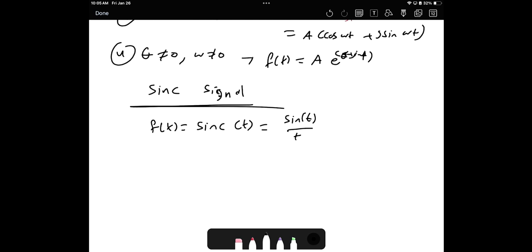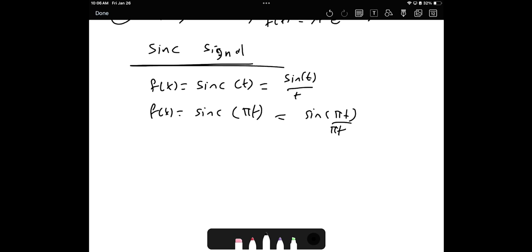So if we plot, I can also, for example, write sinc of pi t equals sine pi t over pi t. Then the same thing if I say sinc of any constant a times t, it will be sine a t over a t.